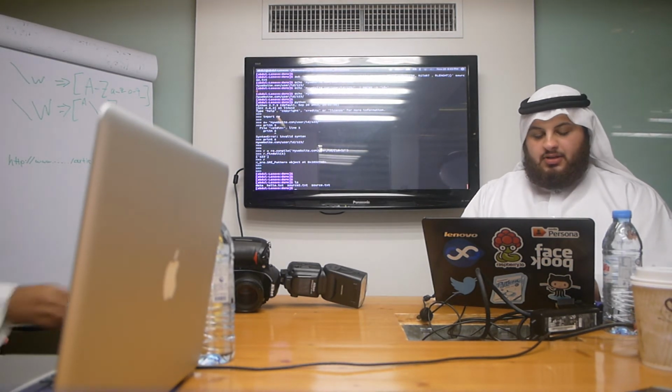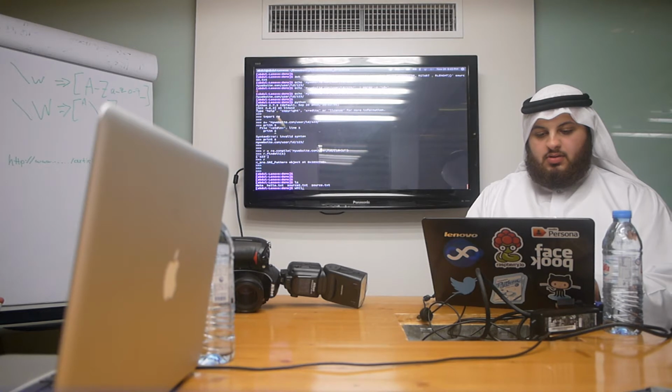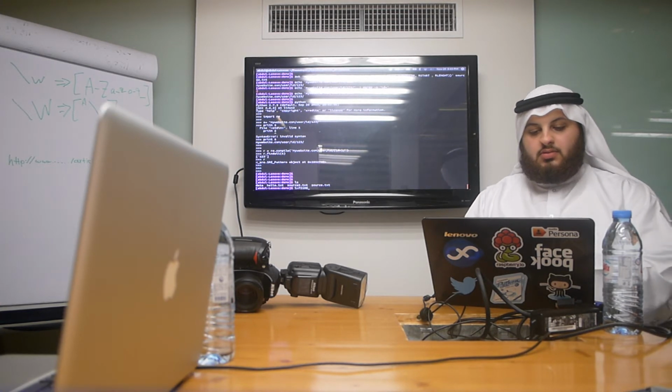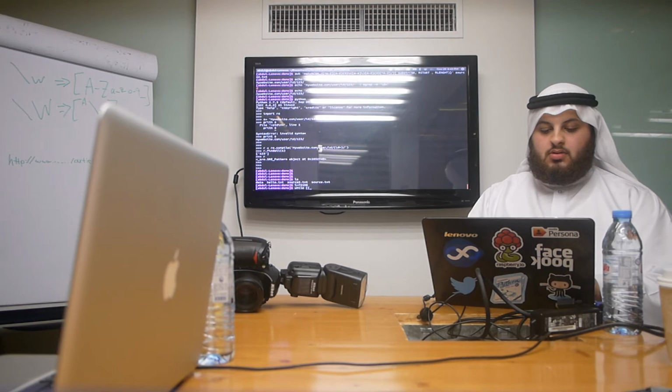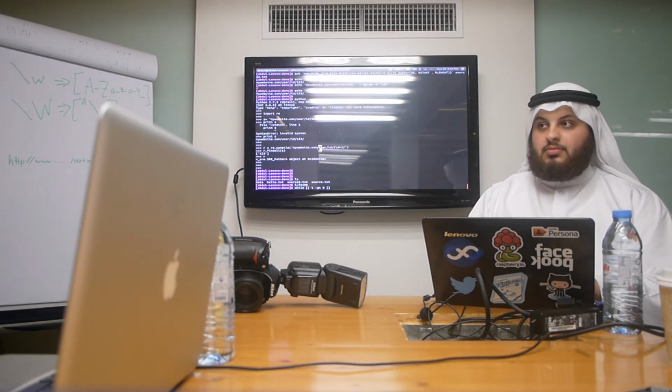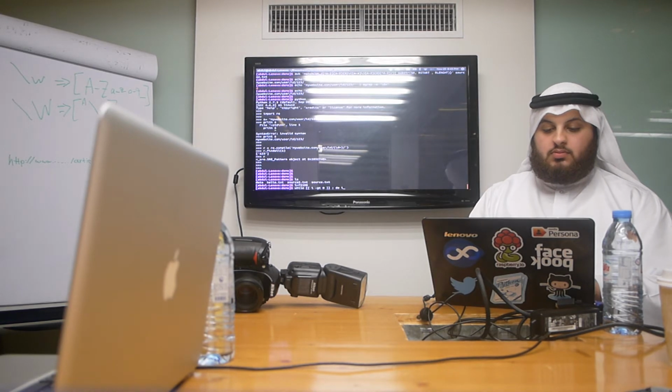But you can also do it with i equal this number and then while i is greater than 0, do i will equal, and then you curl silent that URL.